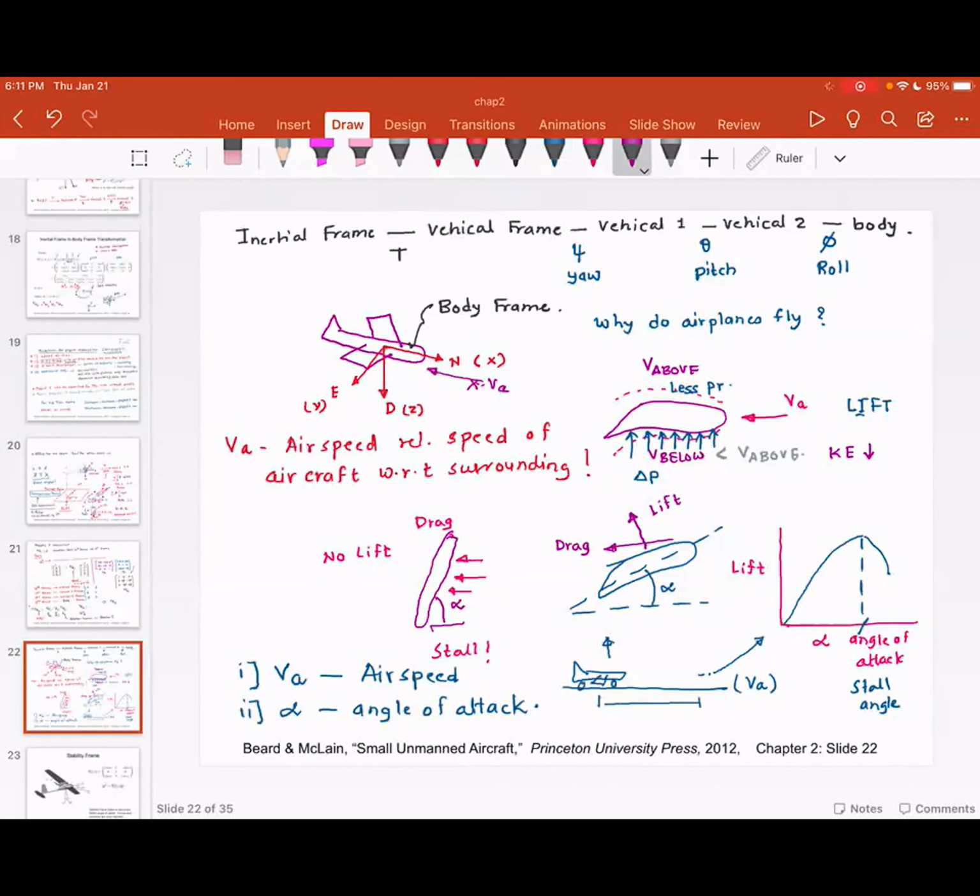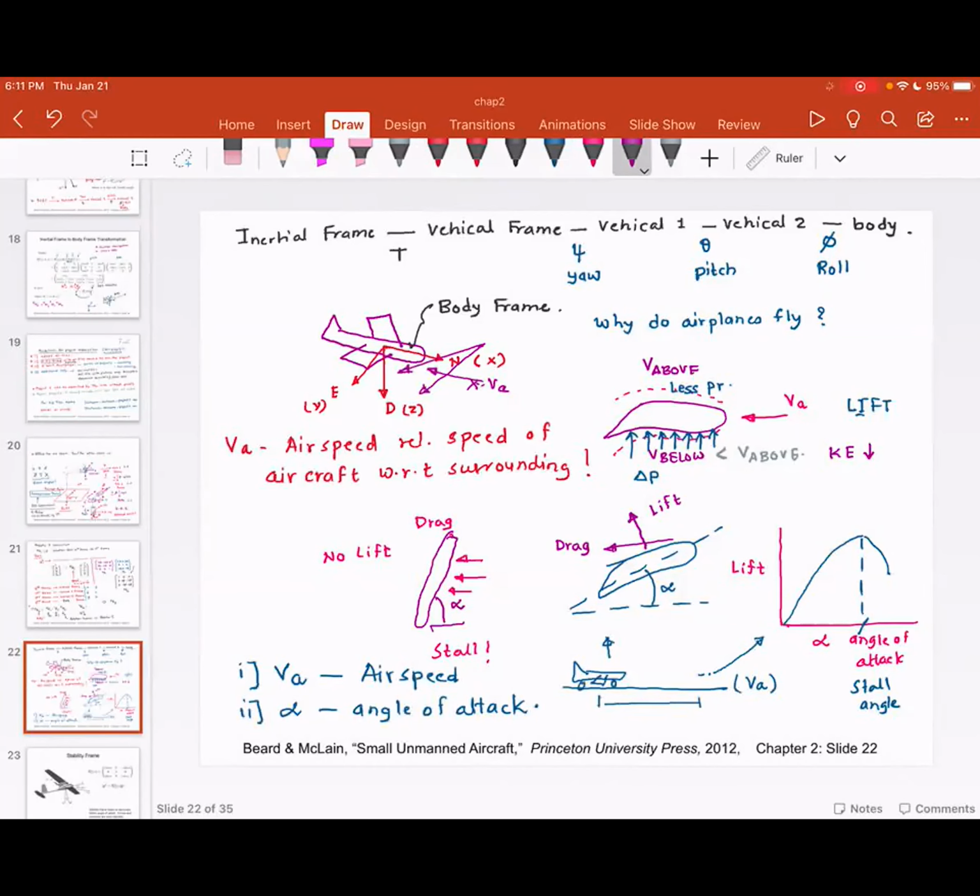It will be at a certain angle, or it could be at a certain angle below. So airspeed, the direction of air relative to the aircraft, is going to be in some three dimensions, and that depends upon the wind speed as well. And that's what we are going to study.